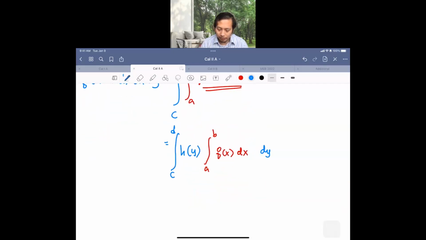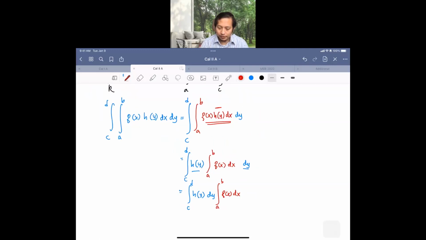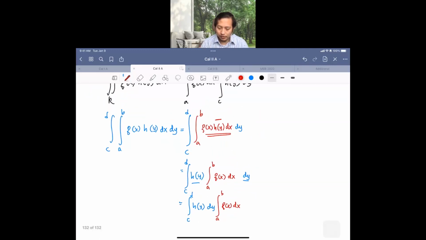And by doing so, we see that we can group h of y into one group and the g of x into another group. Okay, this is through the Fubini theorem.